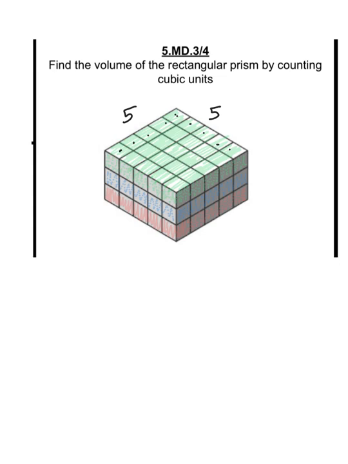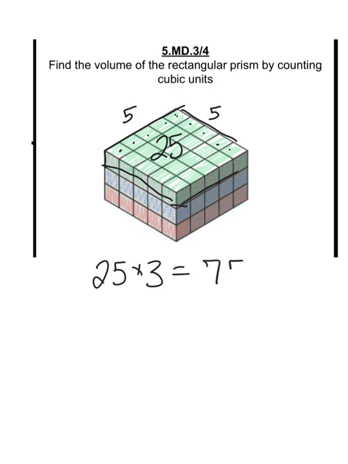Okay, so 5 times 5, that gives this top layer here has an area of 25 cubes, and there are 3 layers. So 25 times 3, how many cents do you have if you have 3 quarters? 75. So 75 cubic units, that's our volume for this one.